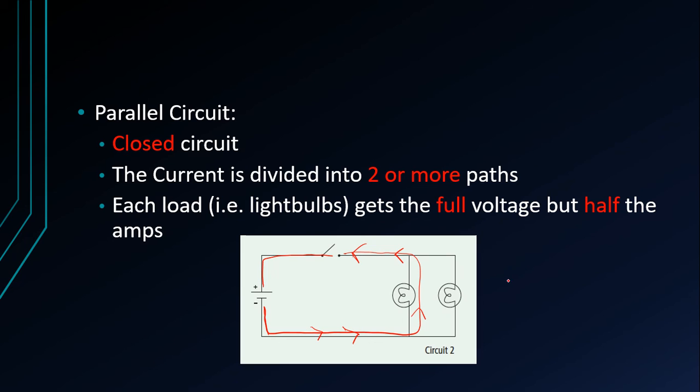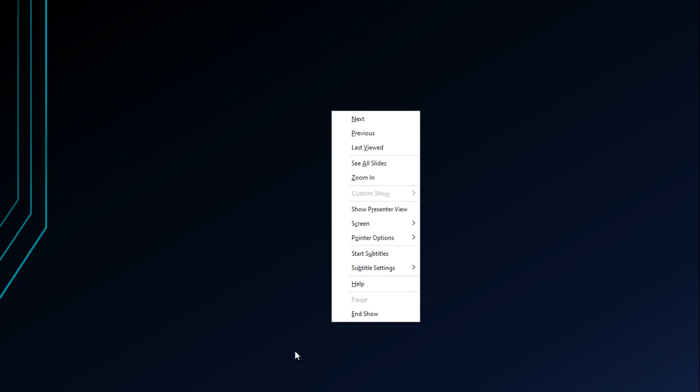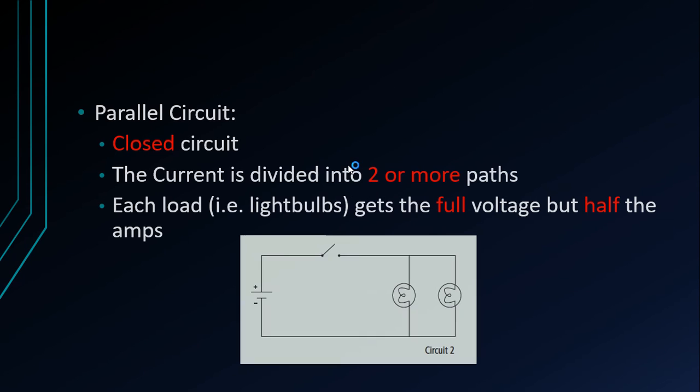Okay, and then the other path it would take is through this light bulb over here, all the way back to the battery. So there are 2 paths that it can take.